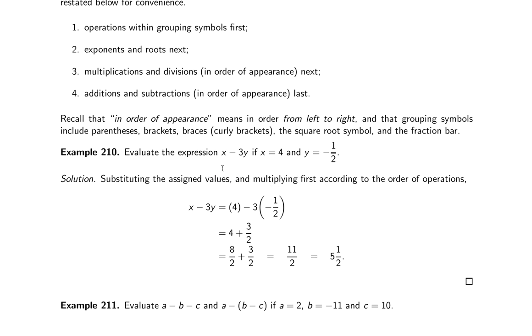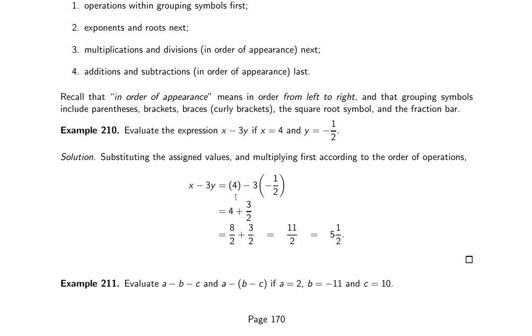In this one, the expression is x minus 3y. If I tell you that x is 4 and y is negative 1/2, when you substitute, you get this. This is just 4. And then over here, it's negative 3 times negative 1/2.